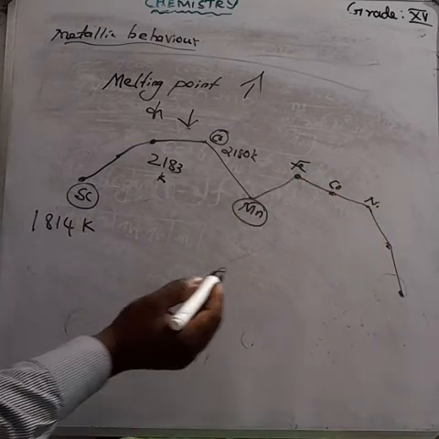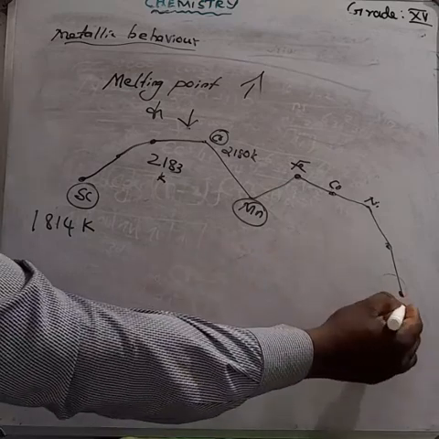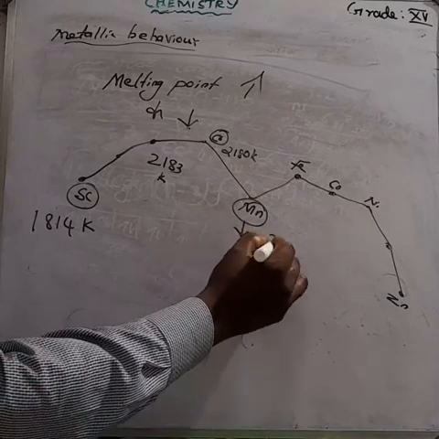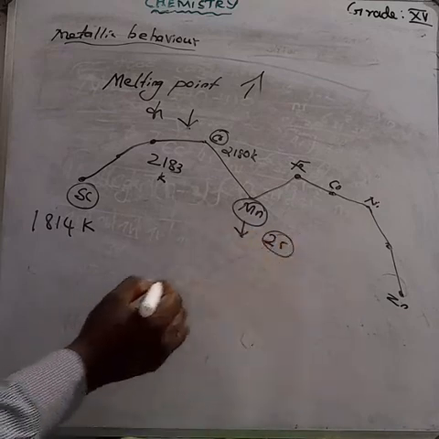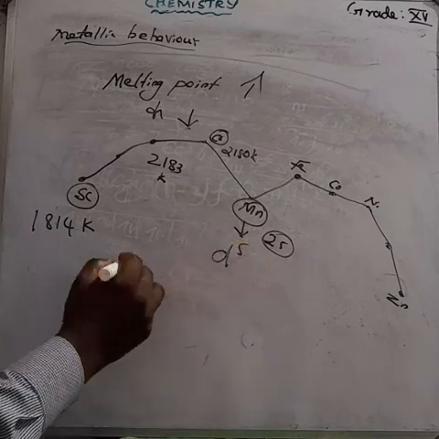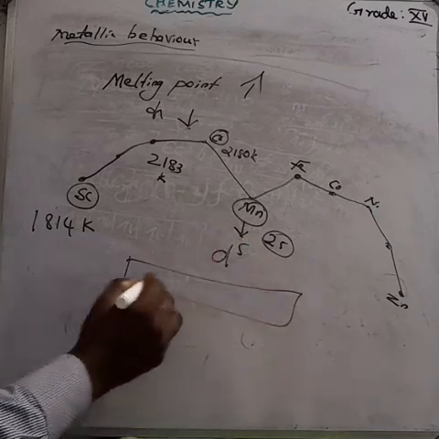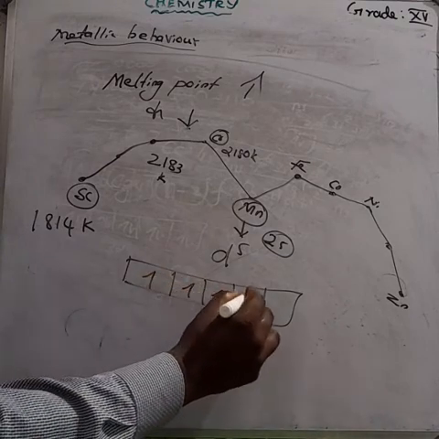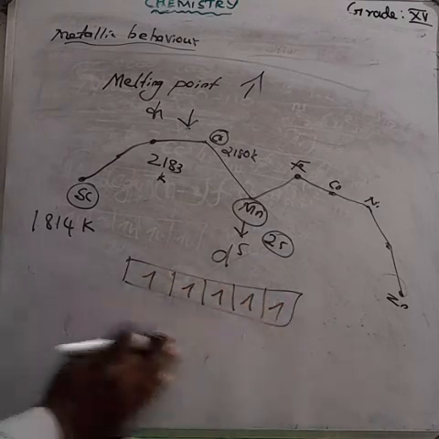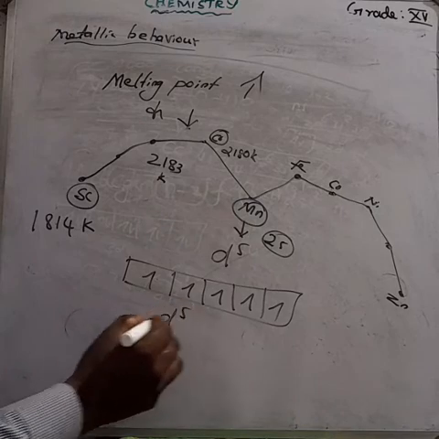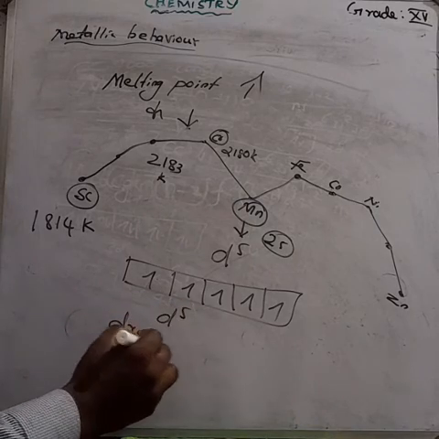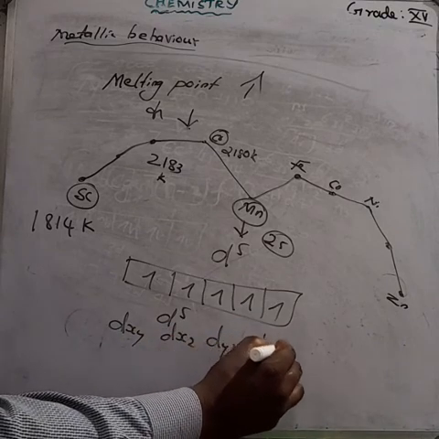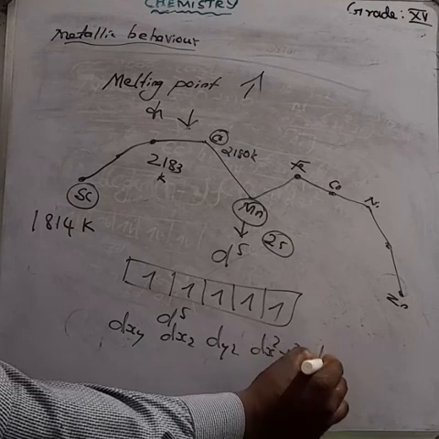In the middle of the transition metal series is Mn, manganese 25, which has a d5 configuration. D5 configuration, you all know: how many electrons can the d subshell occupy? The maximum number of electrons is 10. What is the d5 configuration? dxy, dxz, dyz, dx square minus y square, dz square.